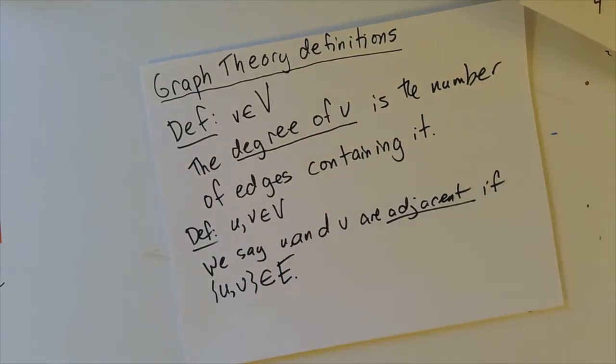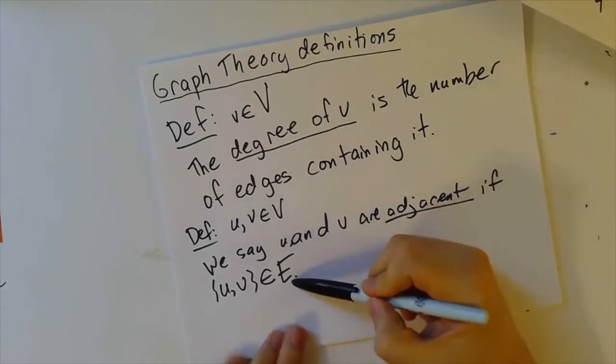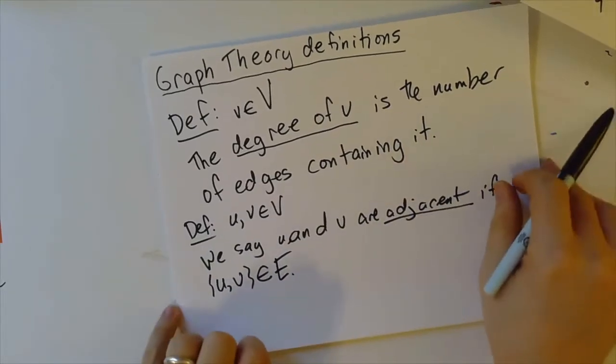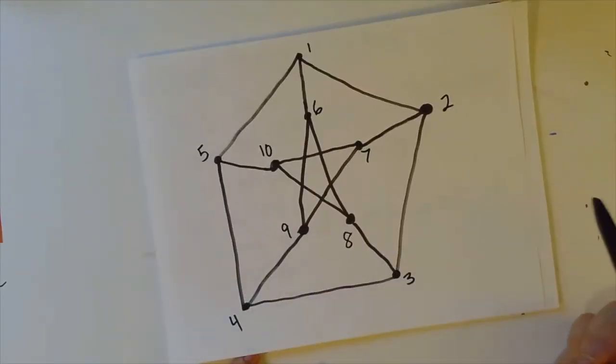And every part of your brain should tell me I wrote the wrong symbol there, that I really meant as a subset, but I don't mean as a subset, because remember, the edge set is a set of sets with 2 elements. And so we're saying 2 vertices are adjacent if there's an edge between them.